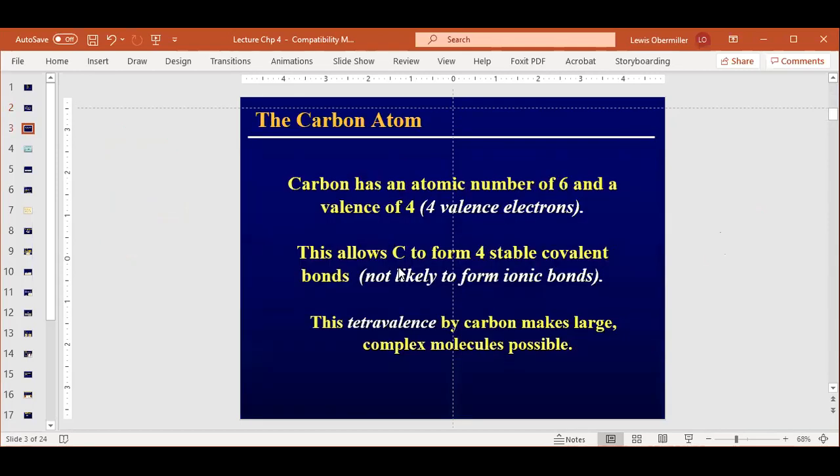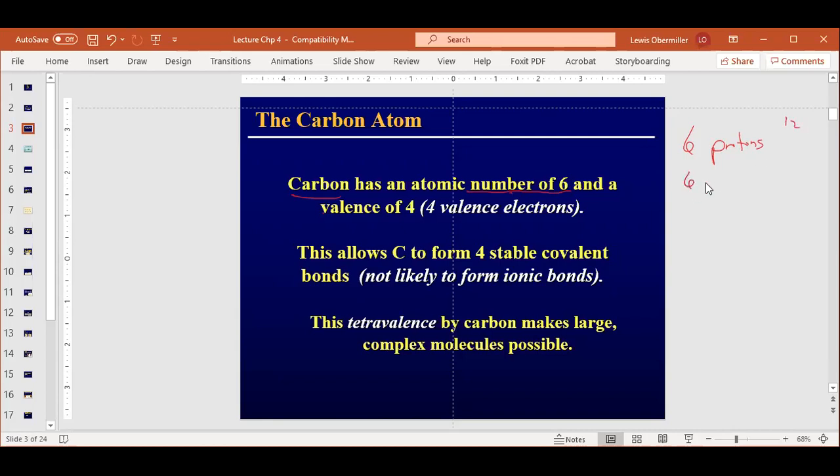All right, so we've talked about carbon. Carbon's atomic number is 6, and if you forgot that, you don't have to memorize it. Eventually, you will, like I have. But you can look at the periodic table, and because its number is 6, we know it has 6 protons, and its mass is 12.